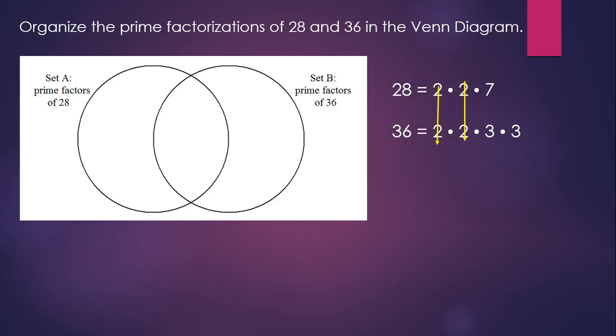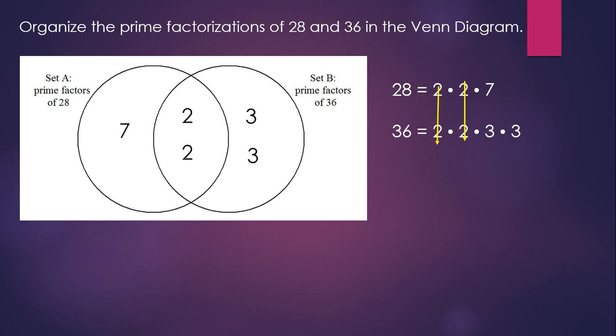We can see that there are two factors of 2 that 28 and 36 have in common. So those two factors of 2 would be in the intersection of our two circles. 28 also has a factor of 7 that 36 doesn't. And 36 has two factors of 3 that 28 does not have.